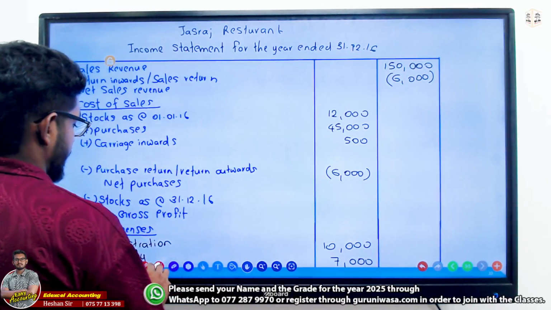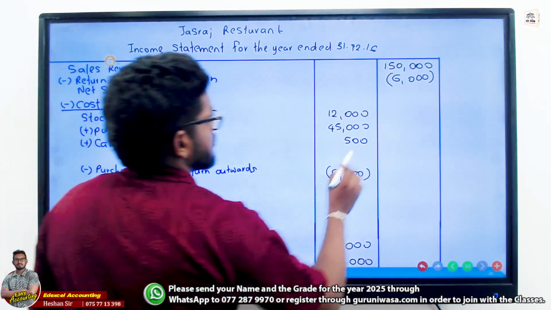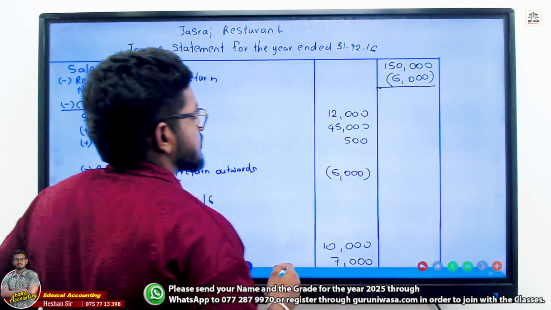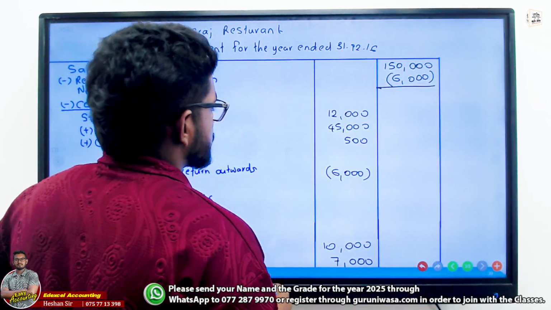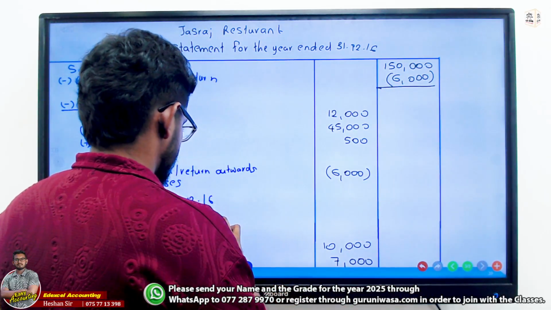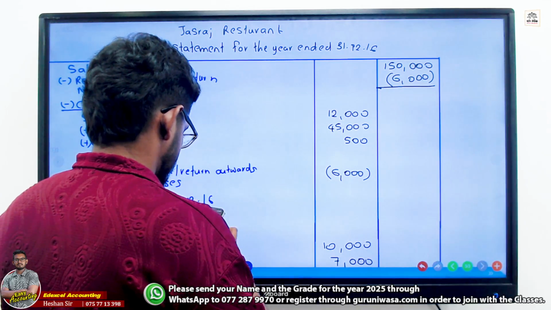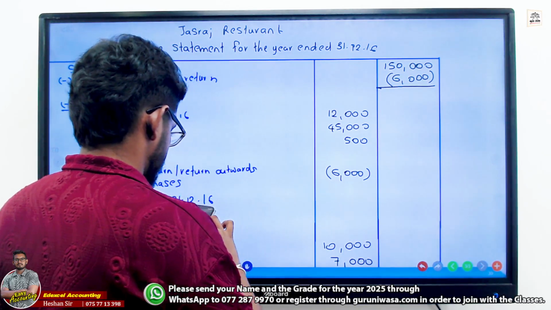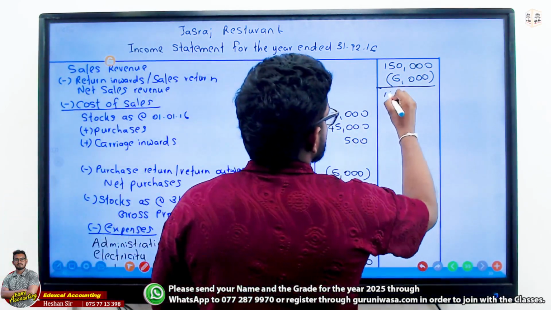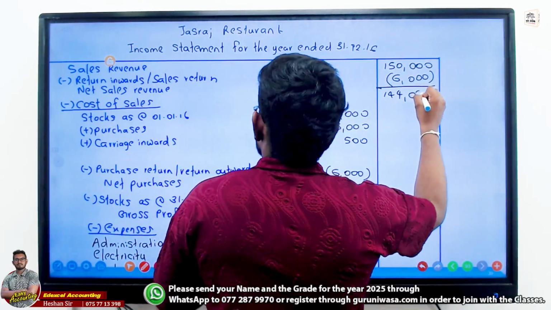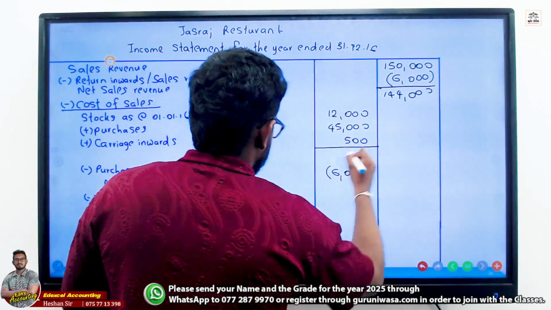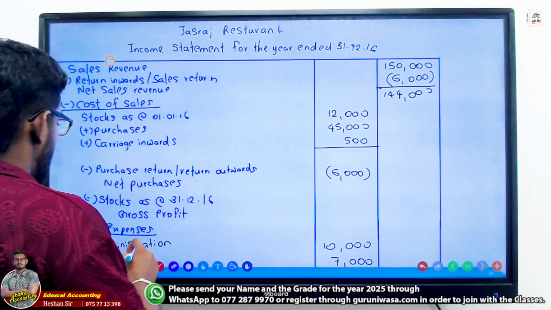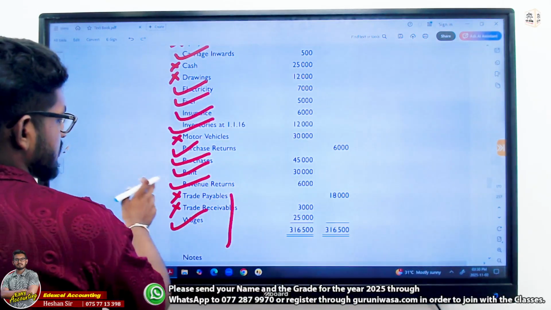Let's see. 150,000 minus 6,000 is 144,000, right? So these are the added things. Then from that we deduct. They have given you the closing stock as an additional note.